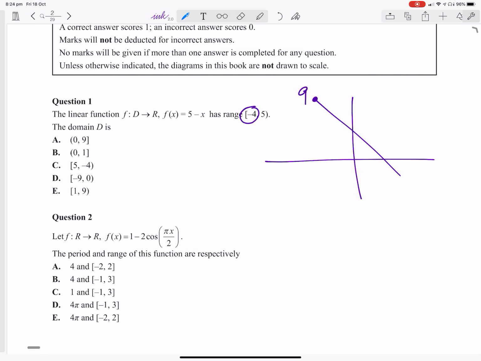So we include 9. When we put 5 in, it's not included, and we get 0. Because that's not included, our range is 0 to 9 inclusive. Most people assume that because it's left, this point's going to be lower, so you just have to make sure you graph it.